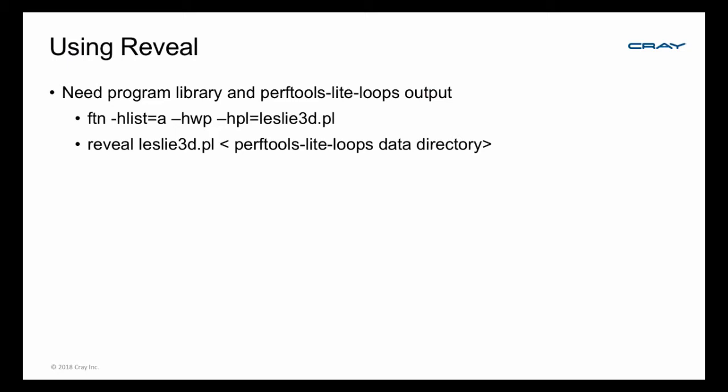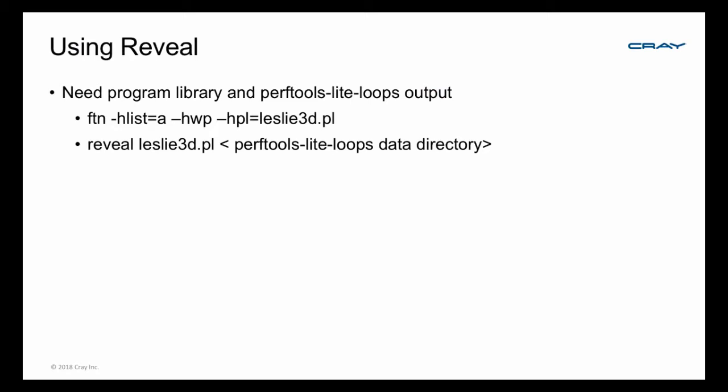So when you do your compile, the first option is to get an annotated listing. The second option is WP, which stands for whole program. And the third option is to tell it to generate a program library file called Leslie 3D-PL.